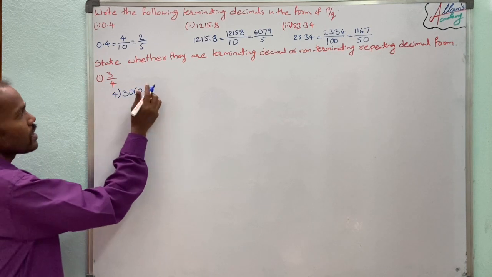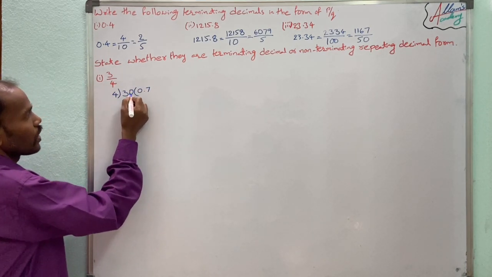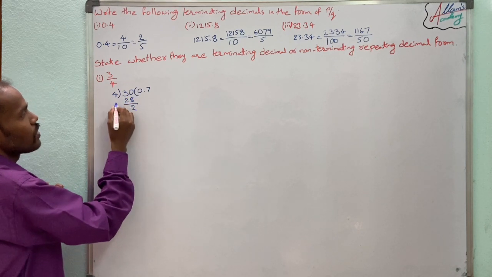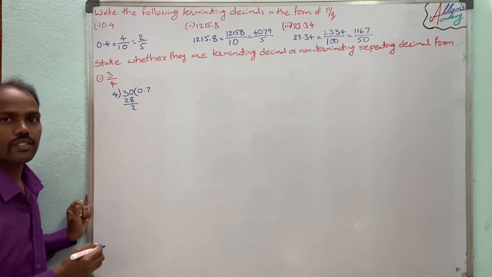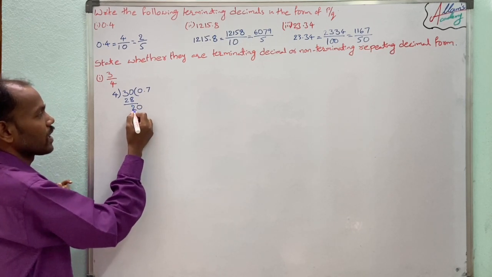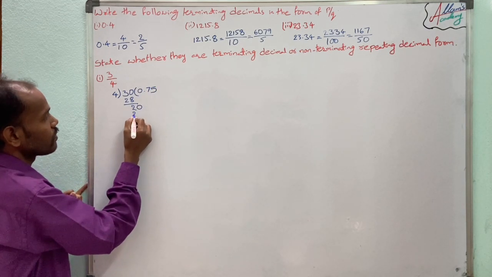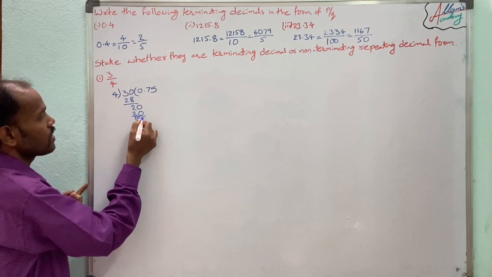4 sevens are 28. Now the remainder is 2. 4 does not divide 2, so, since we already put the point, here we take 0. 4 fives are 20. We get the remainder 0.